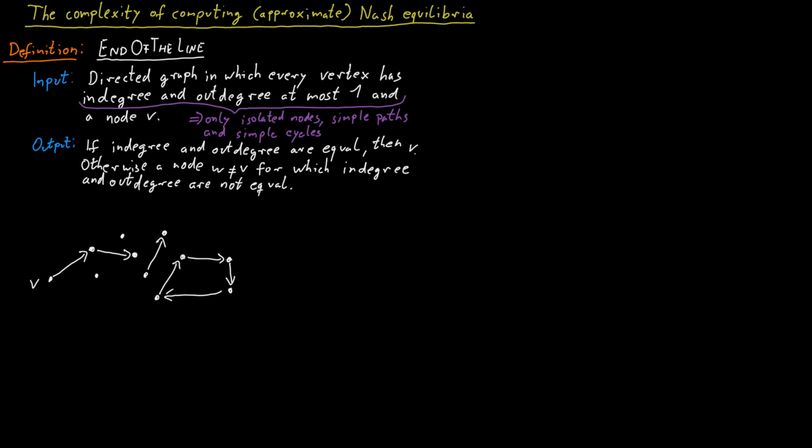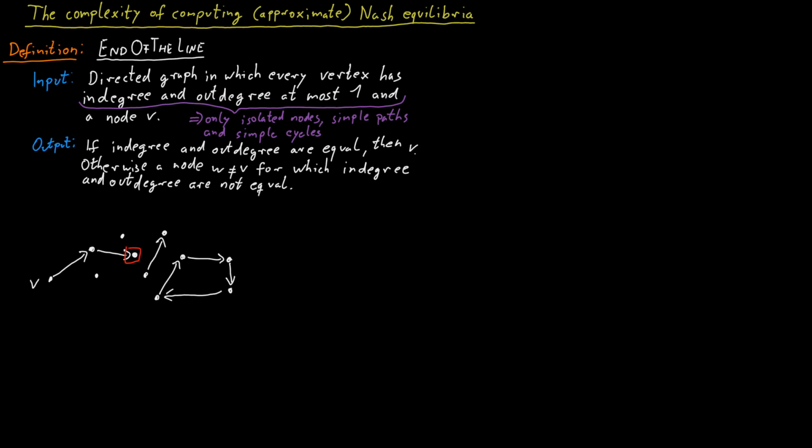And this node has to exist. Consider this example. If we start at V and follow this path, the path has to end somewhere, and that would be a valid answer to this problem. But it's not the only answer in this example.